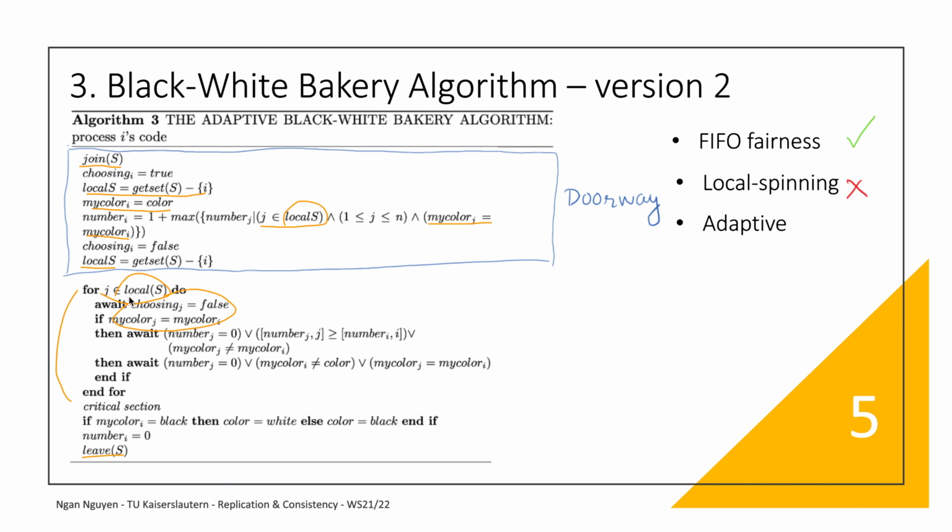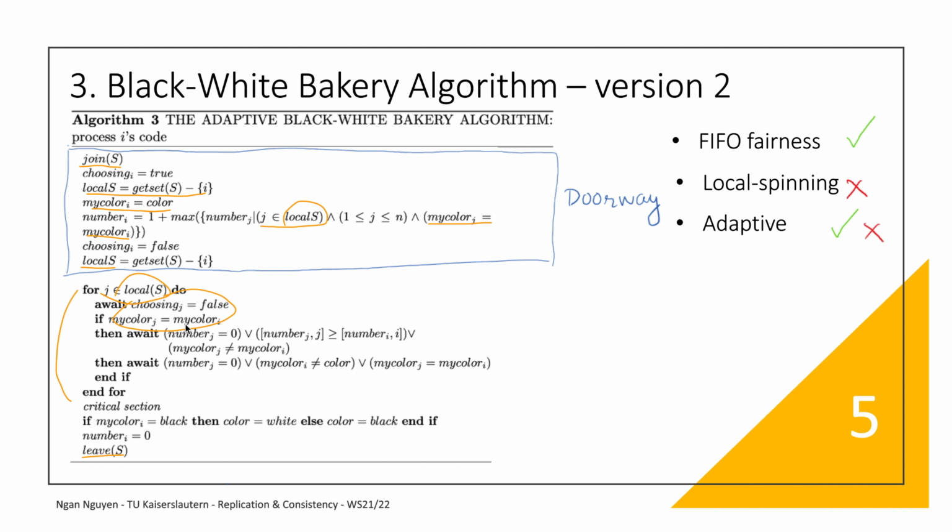For adaptive, this is adaptive for the coherent caching model because the algorithm has time complexity depending on the number of active processes. And the variable here is considered as only one remote access if its value is the same as the value in the cache.